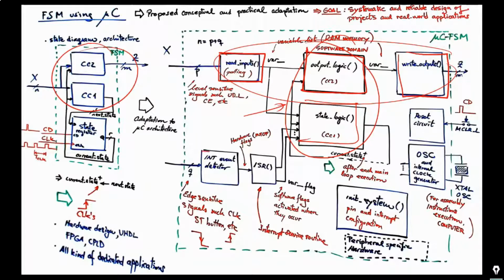And then some extra functions like the interrupt service routine to interface these new signals that have to be applied to a microprocessor, like a start button. And that's all. This is in some way all the theory that we have here to start designing systematically reliable real-world applications, as you will see in the examples given to you.